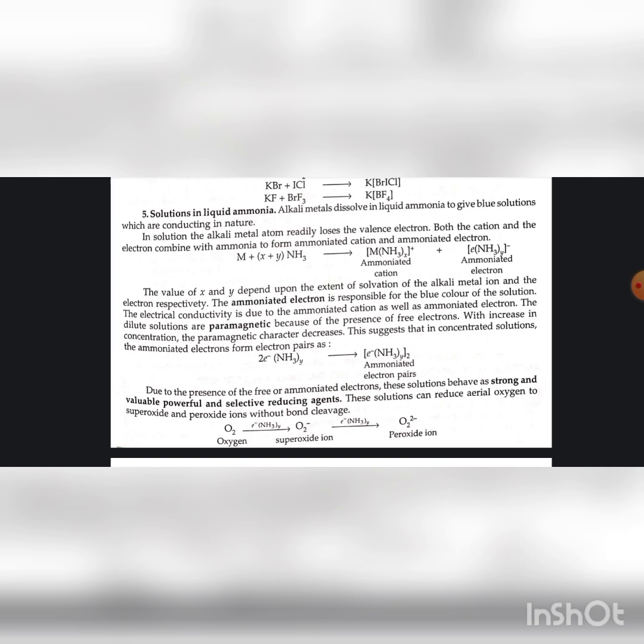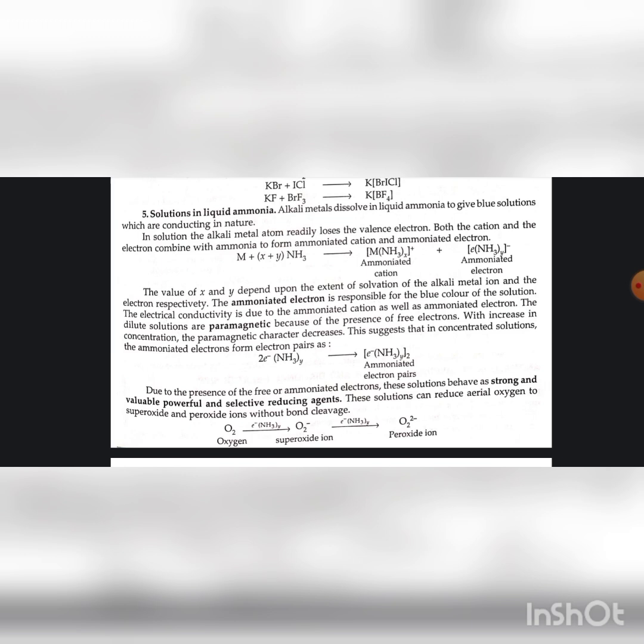The ammoniated electron is responsible for the blue color of the solution. The electrical conductivity is due to the ammoniated cation as well as ammoniated electrons. The dilute solutions are paramagnetic because of the presence of free electrons. With increase in concentration, the paramagnetic character decreases.